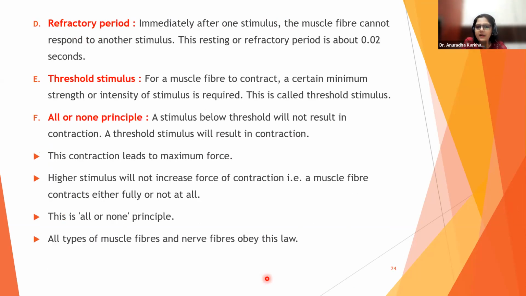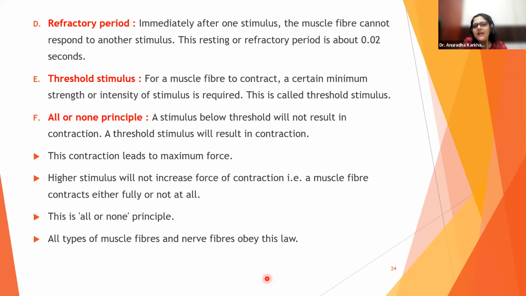So refractory period: immediately after one stimulus, the muscle fibers cannot respond to another stimulus. This resting or refractory period is only about 0.02 seconds. Yes, what is your doubt, beta? We need to take tetanus injection just to be on the safer side, in 2 months, 6 months. For 6 months the tetanus injection is going to be valid.